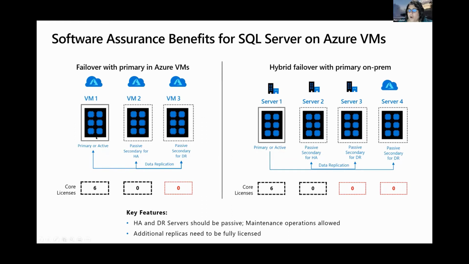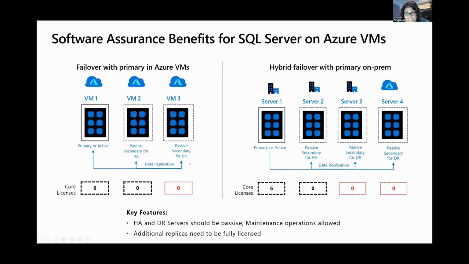If you are running all in Azure, say you have an availability group and all the nodes are in Azure, you license the first primary VM, but then you are entitled to 2 additional passive nodes for that availability group. You can have one passive node for HA, for high availability. That would usually be, if you're using an availability group, a synchronous replica.